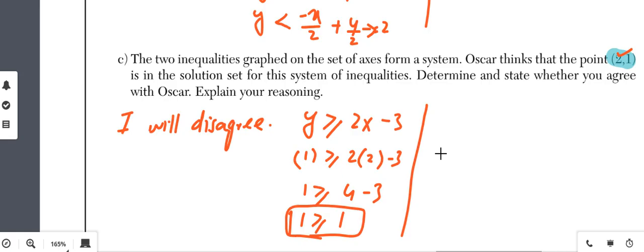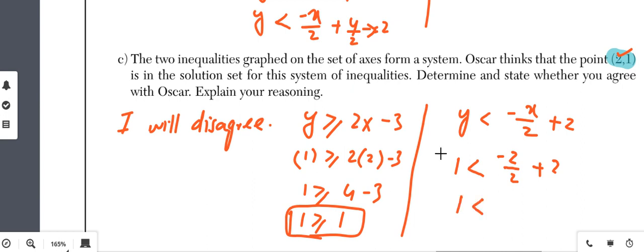Now let's take the other side. y is less than negative x over 2 plus 2. If I substitute y as 1 and x as 2, it will become 1 is less than negative 2 over 2 plus 2, so 1 is less than negative 1 plus 2. So 1 is less than 1.